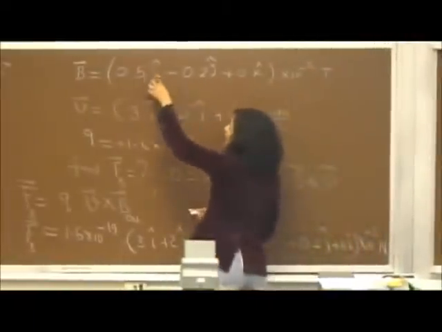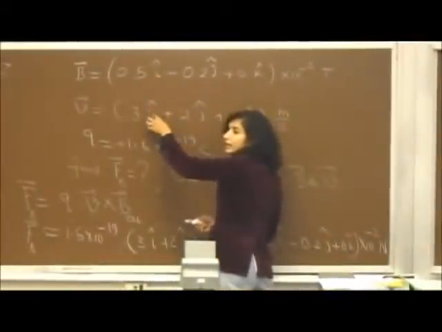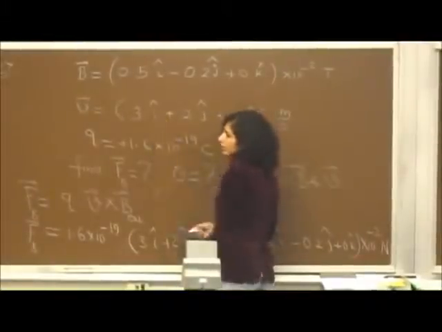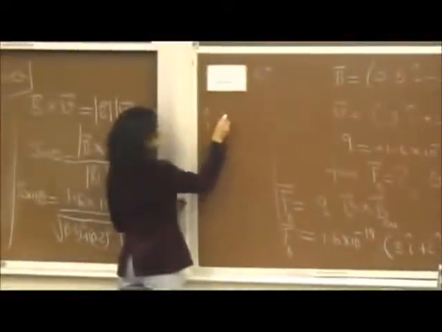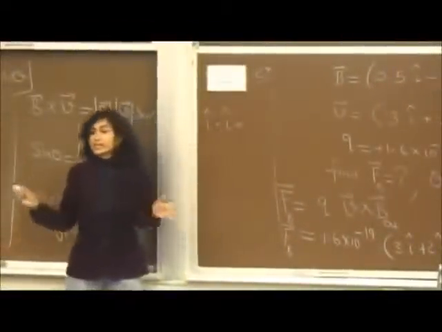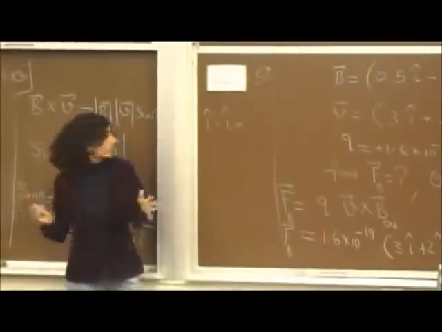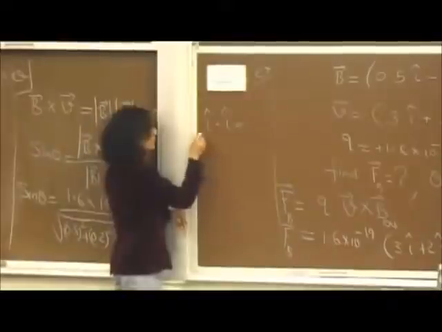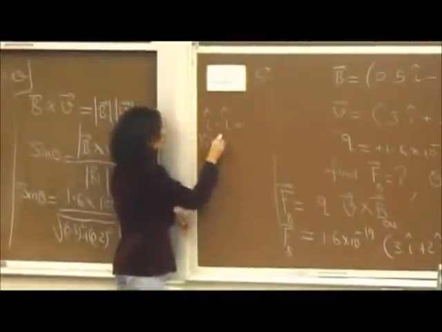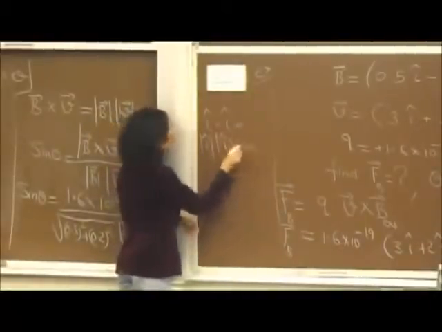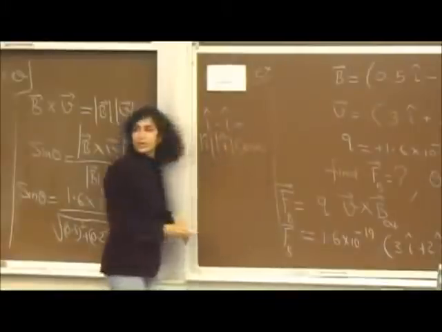Because what is going to be i dot i? Anybody knows what is i dot i? First of all, dot product is a scalar to begin with. What is i dot i? It's 1. Why? Because by definition it is the magnitude of the first vector times the magnitude of the second vector times cosine of the angle between the two, which is cosine 0 degrees.